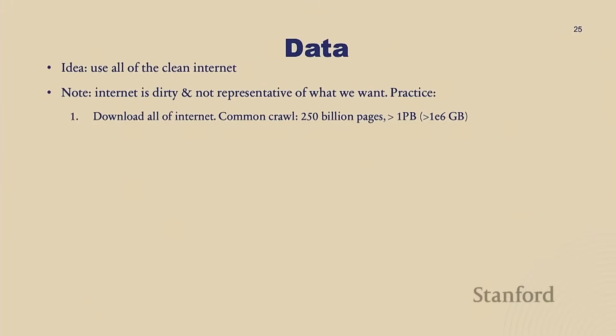People don't usually write their own web crawlers. They use standard ones, and Common Crawl is one of them that basically every month adds all the new websites found by Google, and puts them in a big dataset. So on Common Crawl you have around 250 billion pages right now, so 1e6 gigabytes of data.